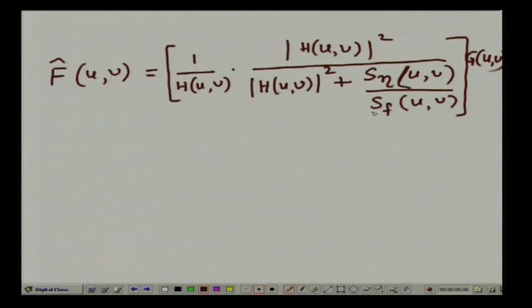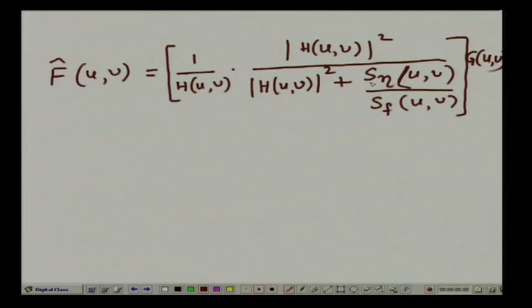Now, here you find that this Wiener filter considers the ratio of the power spectrum of the noise and the power spectrum of the original undegraded image.